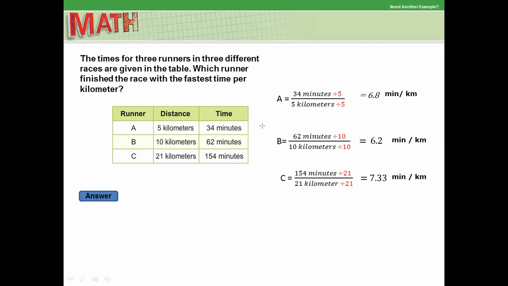So the smallest number is runner B, sorry. So runner B, its performance is 6.2, and the 6.2 here is the best time per kilometer. So runner B is the fastest. Let's move to the next question.